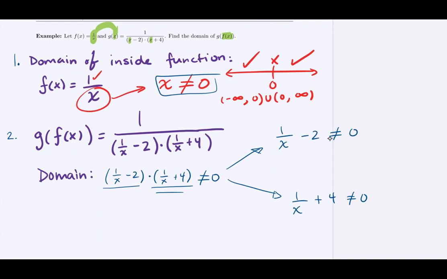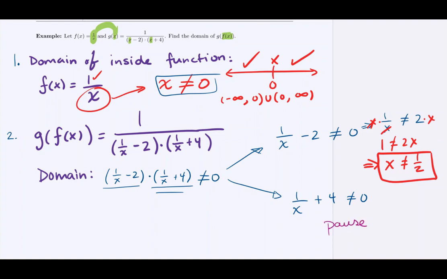Let's add 2 to both sides here, and we would get 1 over x cannot equal 2. Maybe to solve for this, we would multiply both sides by x. That cancels, and you're just left with 1 on this side, cannot be 2x. Divide both sides by 2, and we get x cannot equal 1/2 for this one. Pause the video and solve the other inequality.